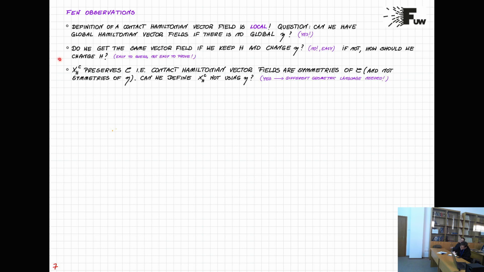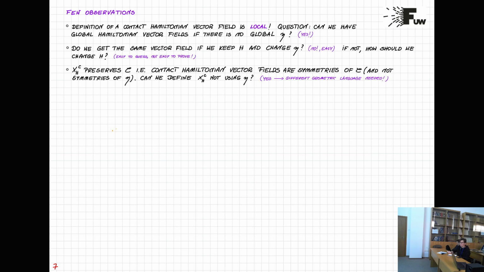And then there is this third problem, which comes from the calculation I didn't show you, that while the Hamiltonian vector field preserves the contact distribution, it is a symmetry of the distribution, it is not a symmetry of the contact form.